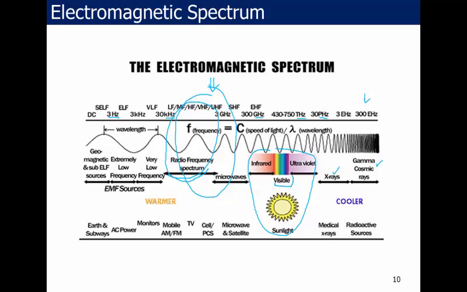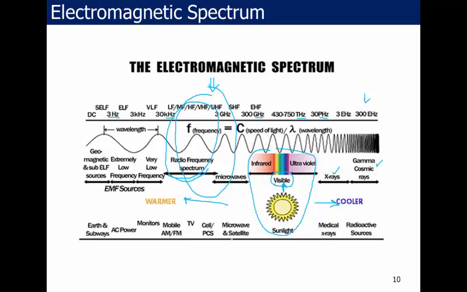Only here is visible, so that we can see the lights, right? Hot, cooler, warmer here. Why does that happen? Because of the atoms, so we can say the temperature there.